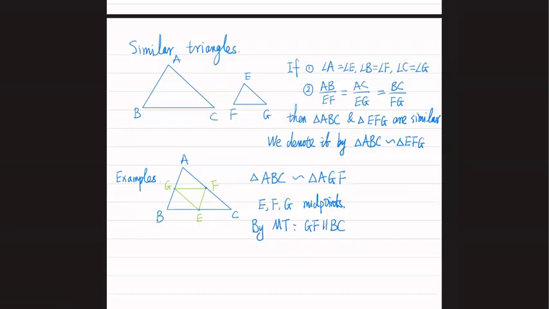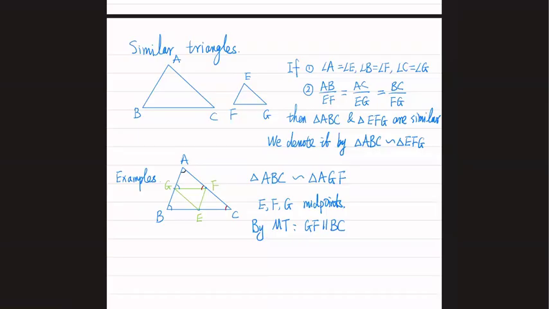In particular, these two angles are congruent because they are the corresponding angles of two parallel lines. Then these two angles are congruent because they're corresponding angles for parallel lines. And we have a common angle.